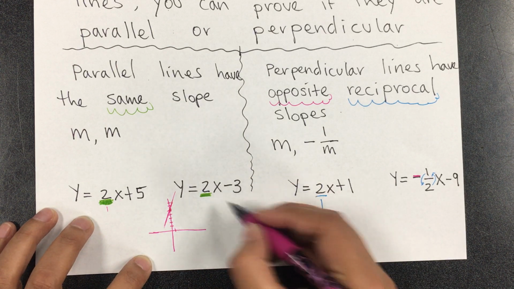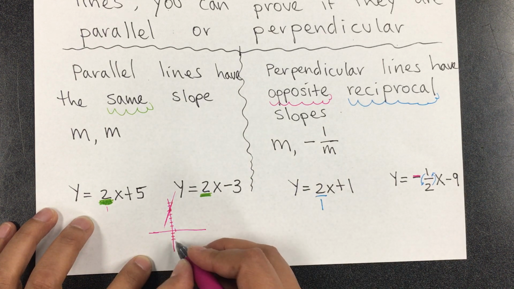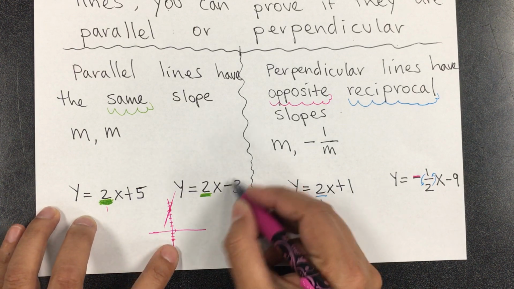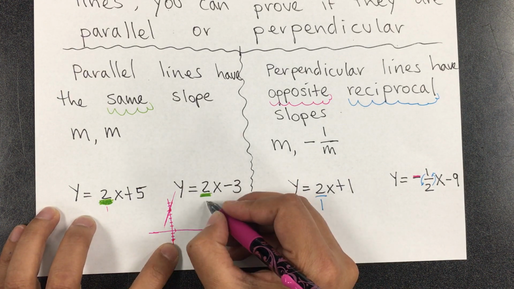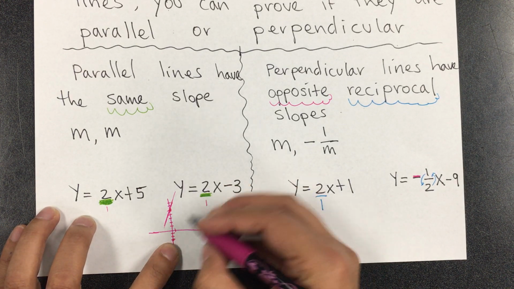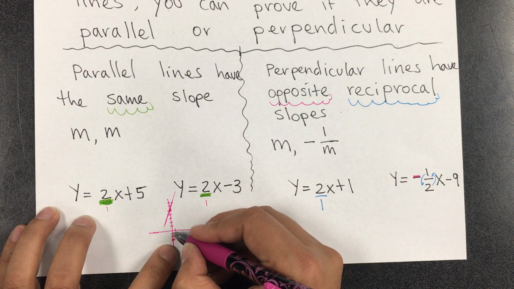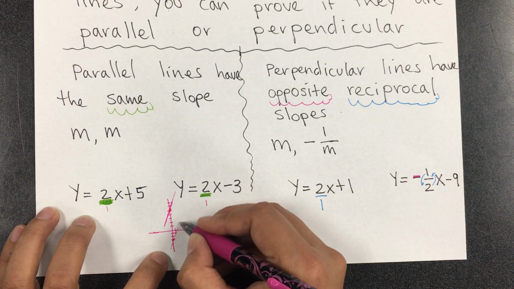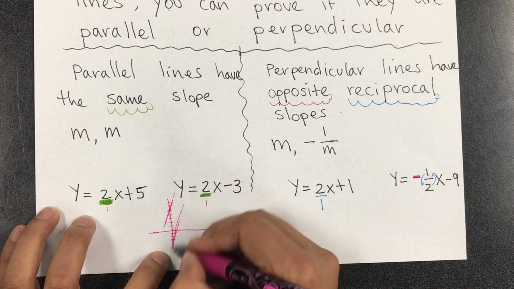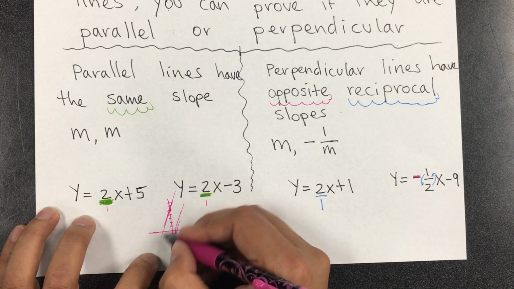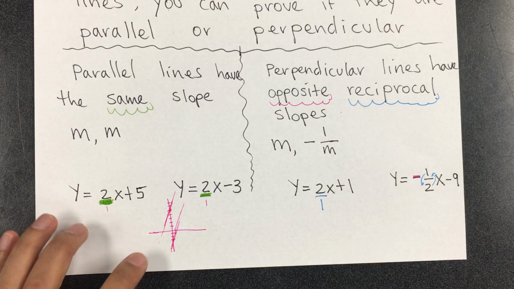The other one is at -3, so 1, 2, 3. That's my initial point, the y-intercept. And then my slope is rise 2 and then run 1, so 1, 2, and then 1. And so my line goes somewhat like that. So if I extend these lines, they will never meet.